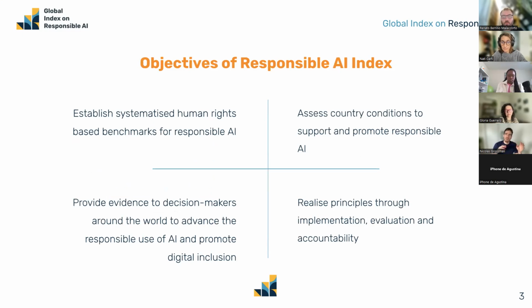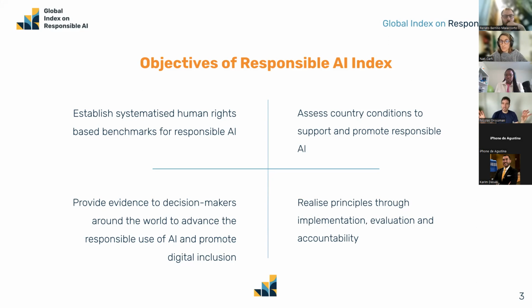Then we divided it into 4 objectives. First, to establish a systematized human rights-based benchmark for responsible AI. Once that's ready, to assess country conditions to support and promote responsible AI. This assessment at country level will cover more than 100 countries around the world.